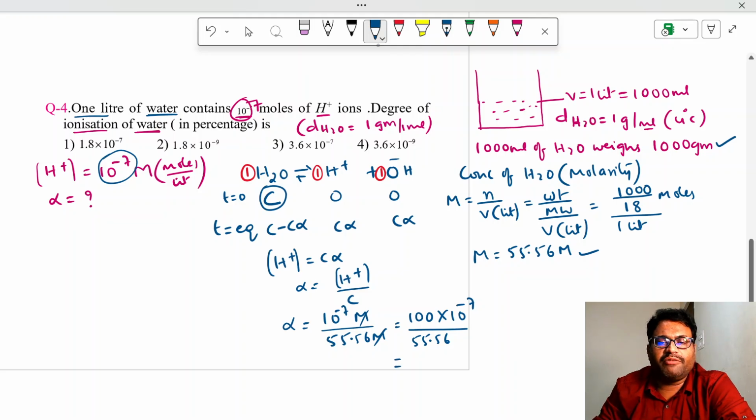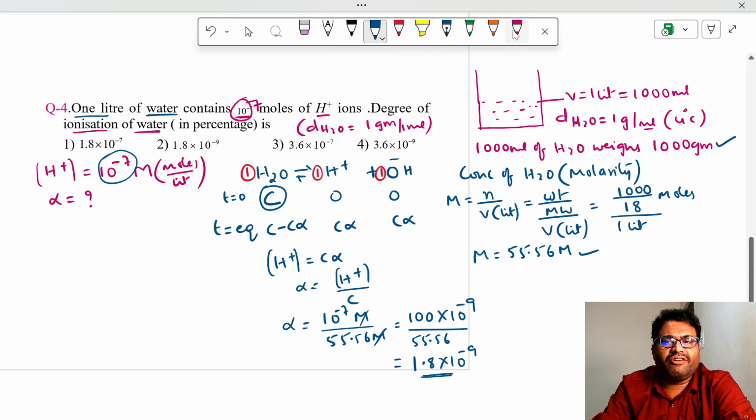Then what do you get? 1 by 55.56 gives you 1.8 into 10 power minus 2. So minus 7 and minus 2, you will get it as minus 9. So alpha is equal to 1.8 into 10 power minus 9.